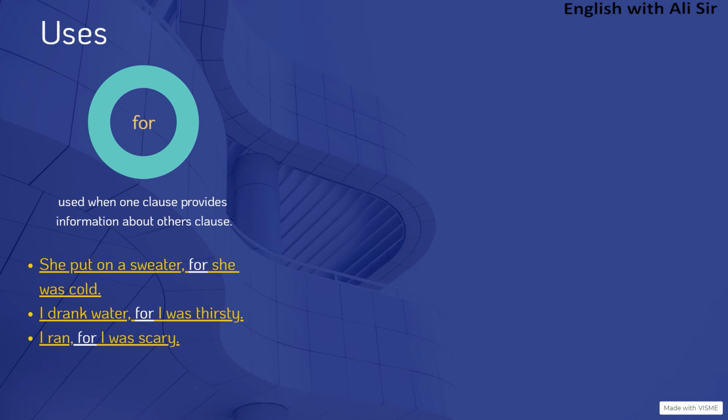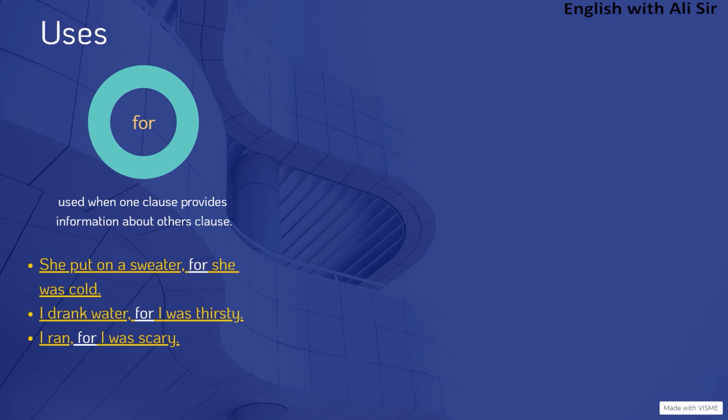So, next coordinating conjunction used in compound sentences is for. For is used when one clause or sentence provides the reason for the action in other clause. That means the next part of sentence provides the reason against the first one.